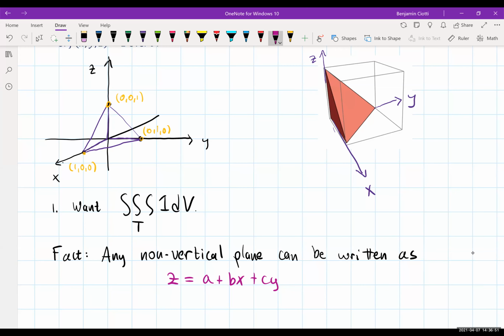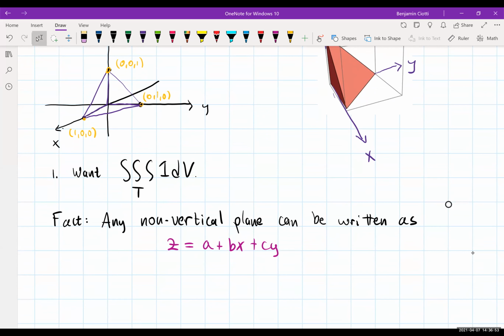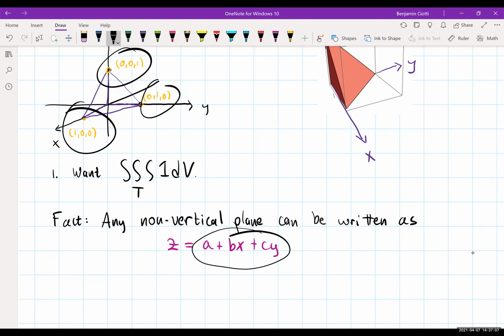It'll be a little bit easier if I just use that formula. I need to figure out what function this is. Maybe you can guess, but if you can't, you can just plug in the 3 points and figure out what A, B, and C are.